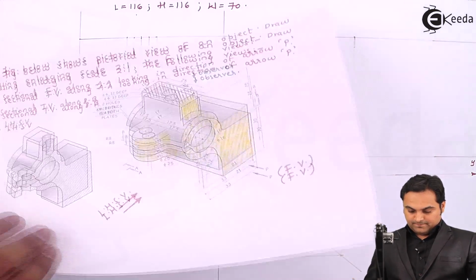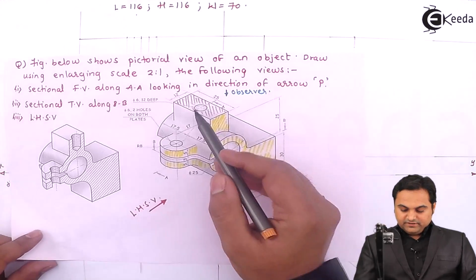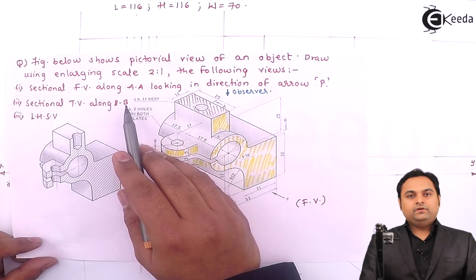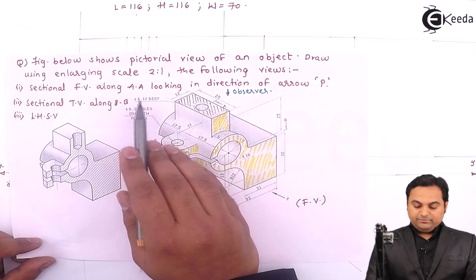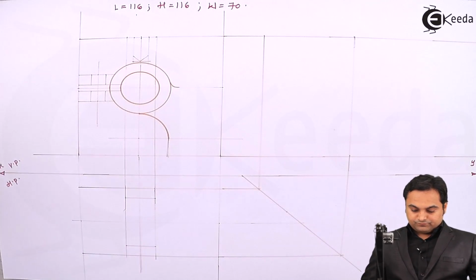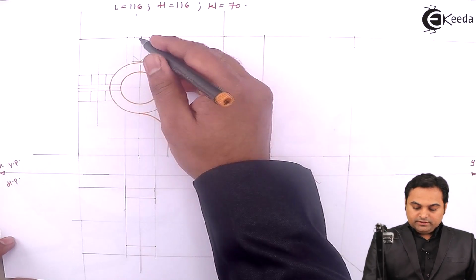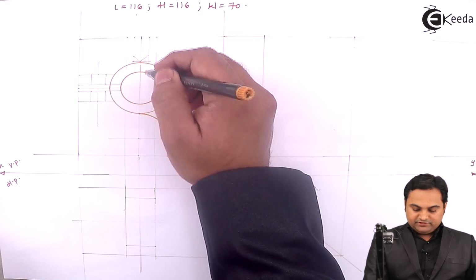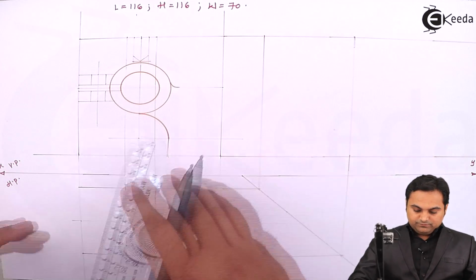Then inside that we have a circle of diameter 6. So this will be of diameter 12 because of the scale. So here that circle, its radius we already have in the front view. I'll project it down.